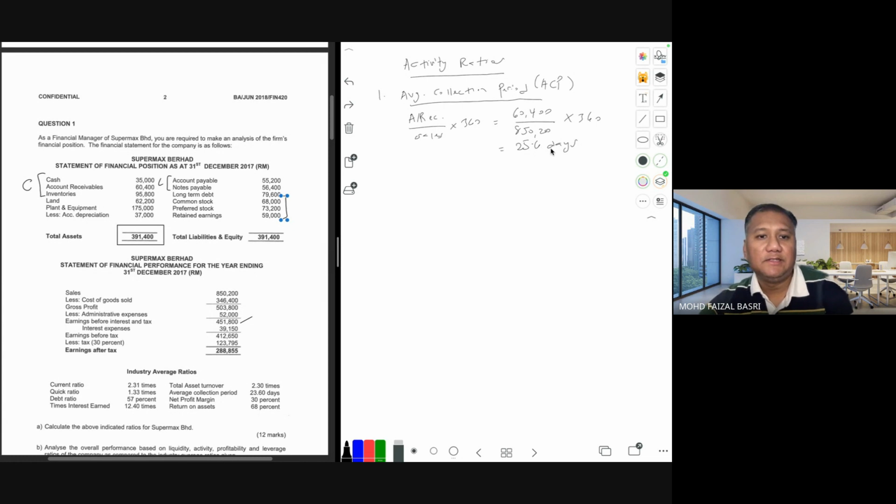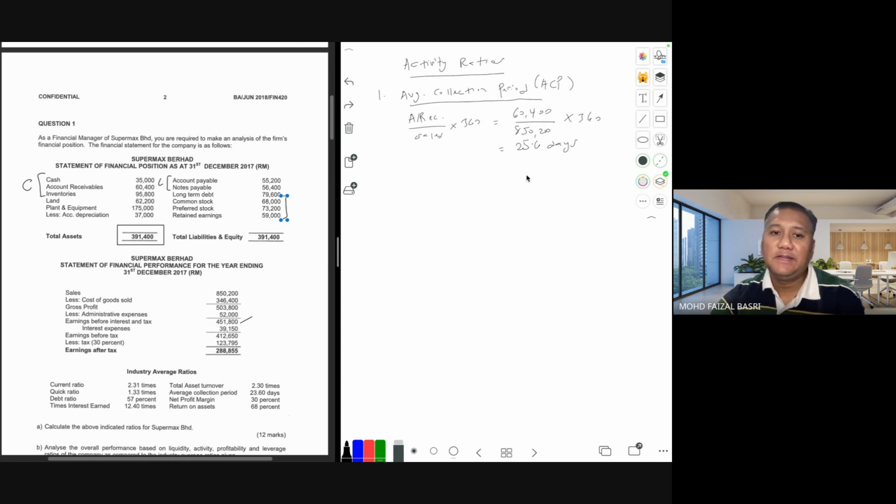Okay, 25.6 days. So kalau compare dengan ACP from the industry, so the industry collect faster. Industri perlukan 23.6 hari saja as compared to Supermax yang memerlukan 25.6 days. So again, if you want to compare, you boleh cakap Supermax Berhad's average collection period is worse as compared to the industry average, whereby the company requires more days to collect its debt as compared to the industry.